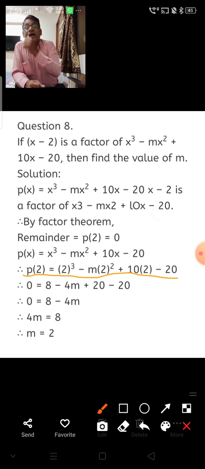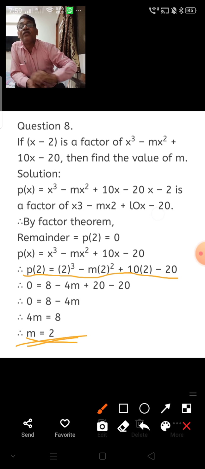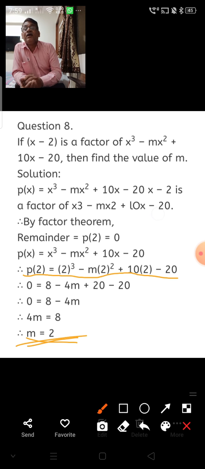You have to find m, so take 4m to the left hand side. 4m is equal to 8, so m is equal to 8 by 4, which is 2. So the value of m here is 2. Okay. So in this way you can find the value of m, right? So by using the remainder theorem, that is the factor theorem, you can say that.